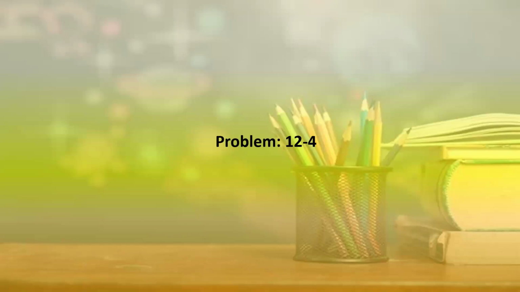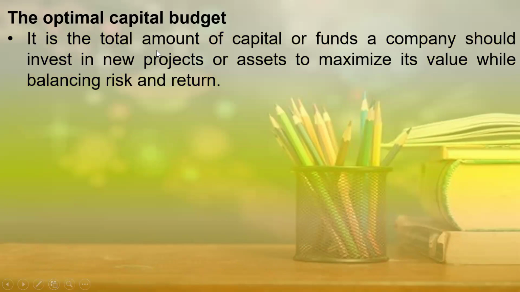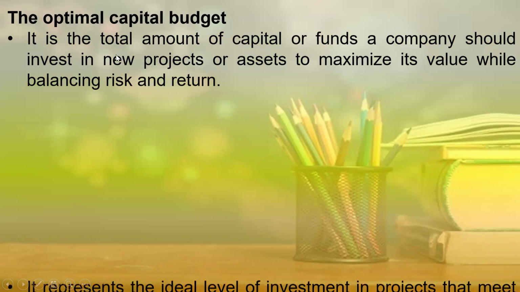The next topic for today's lecture is optimal capital budget. It is the total amount of capital or funds a company should invest in new projects or assets to maximize its value while balancing risk and return.